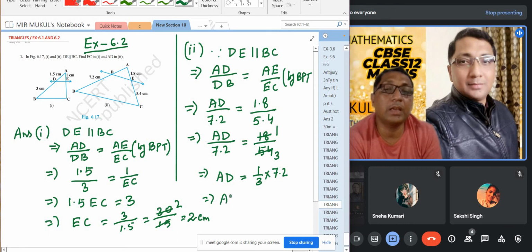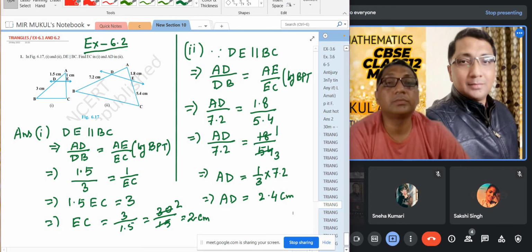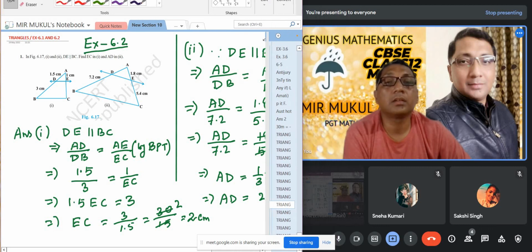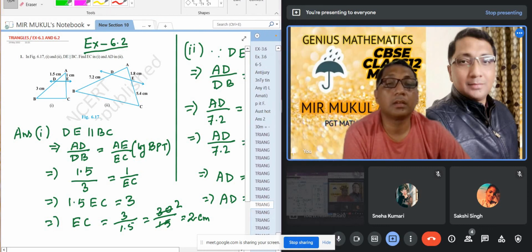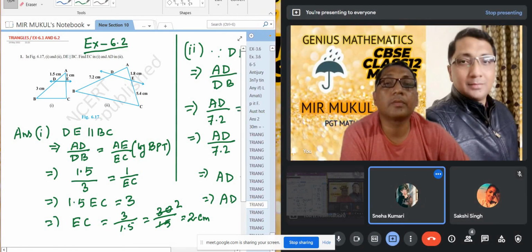So if we divide by 3, 3 twos are 6, 3 fours are 12. So we are getting AD as 2.4 centimeter. Understood? Sneha, did you understand? Yes, sir. Okay.